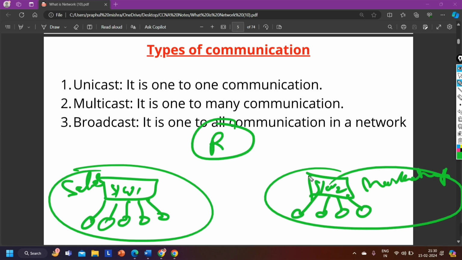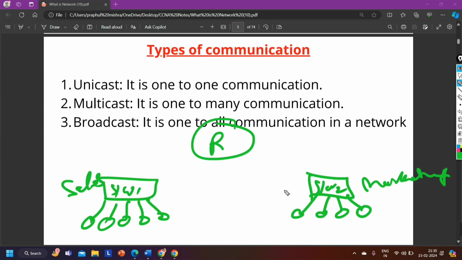If I want to connect these two networks together, I need a centralized device, and that device can be a router. It can be a layer 3 switch also, but don't worry about the layer 3 switch now. So if someone asks you what is a router, a router is a networking device which is used to connect multiple networks together. Through this router, I can connect these two networks together.